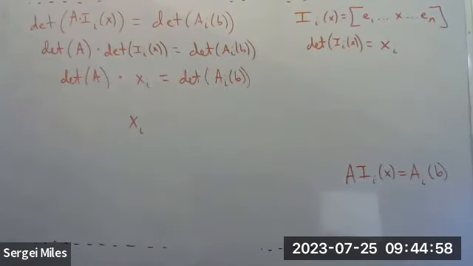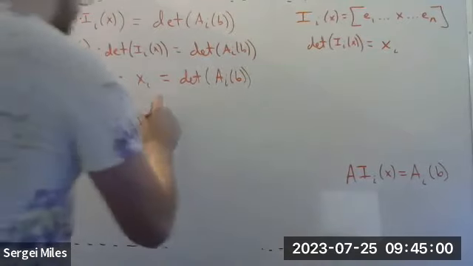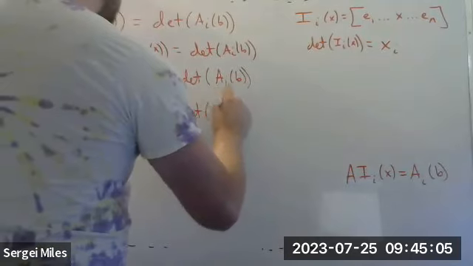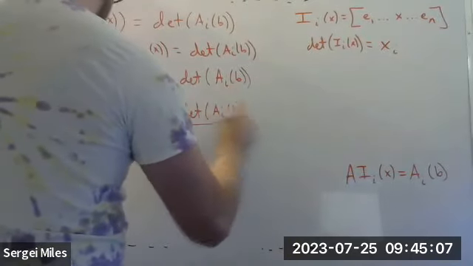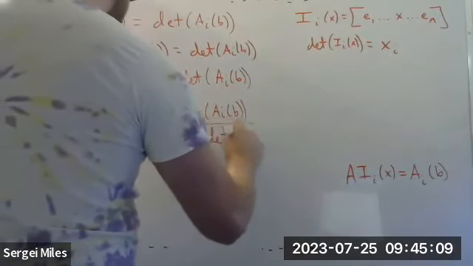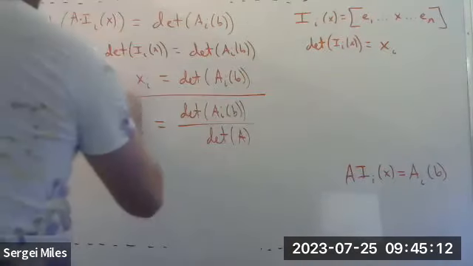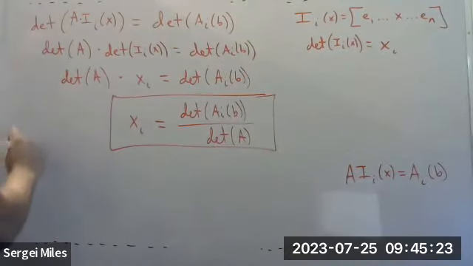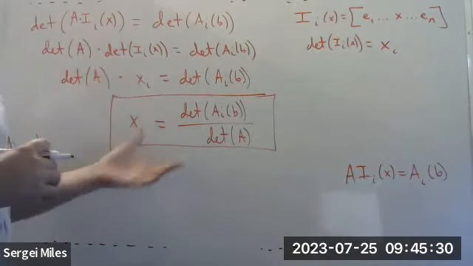Just like you can in regular high school algebra. xi equals the determinant of A_i of B divided by the determinant of A. And lo and behold, now we have a formula that allows us to solve for any entry of x for the equation Ax equals b. We can find what that x is using this formula.